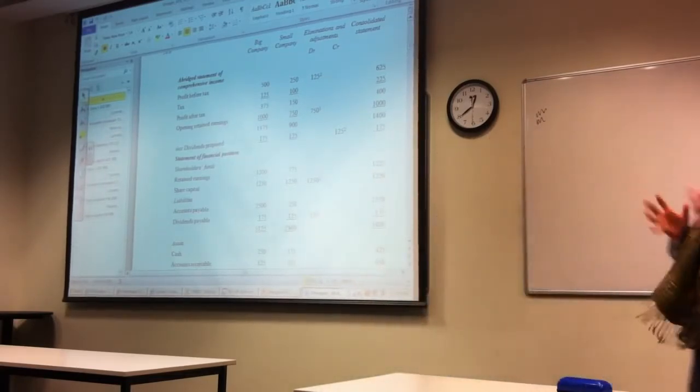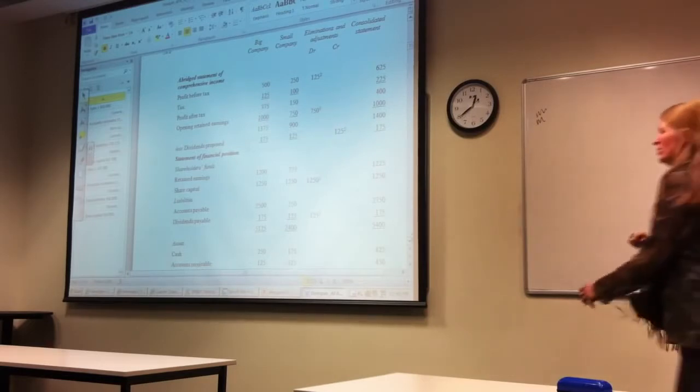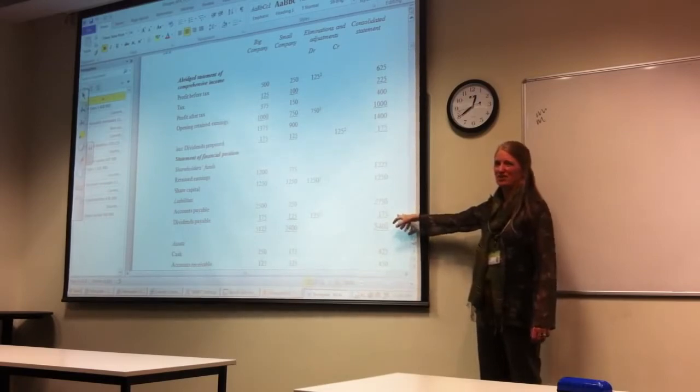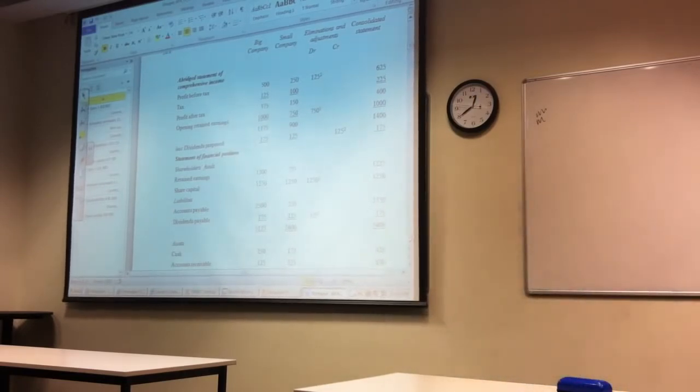Basically we're saying 175 plus 125 minus 125 gives us our group figure, or consolidated figure, which is 175. So the question is, why do we end up with 175 instead of 175 plus 125, which gives us 300? Why do you think we subtract 125? What do you think it could be?